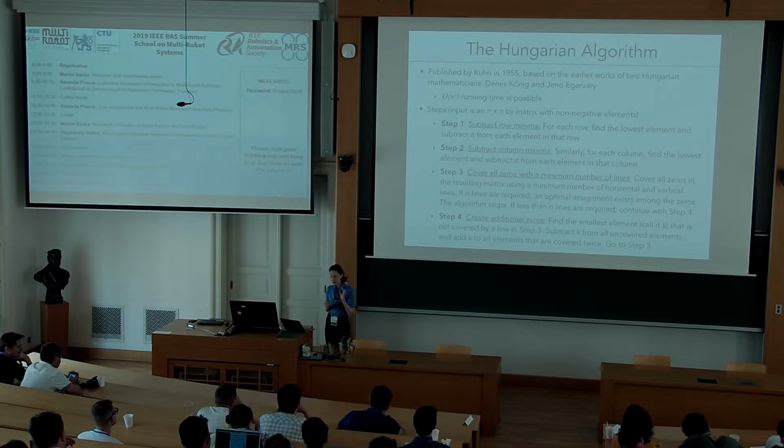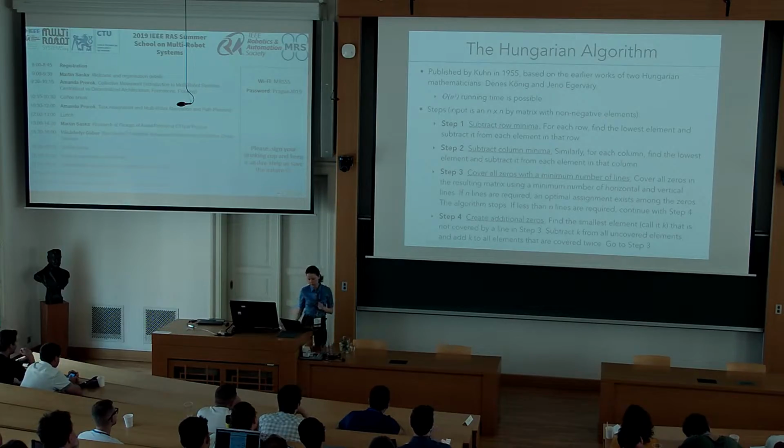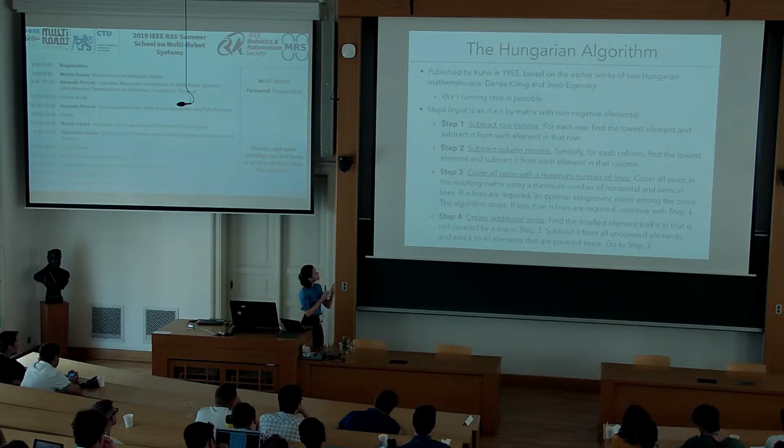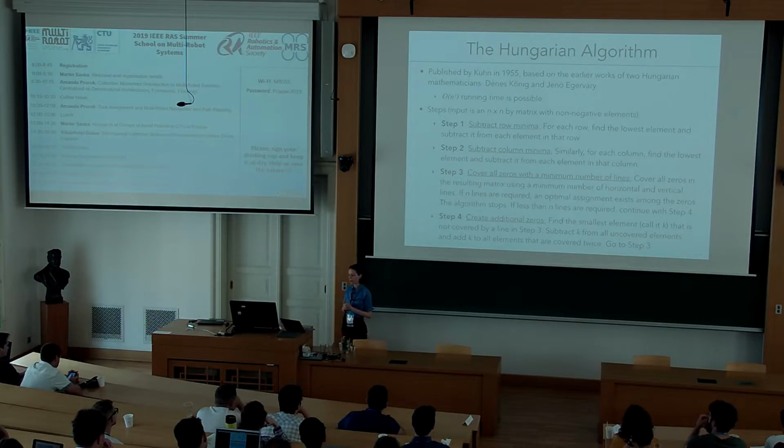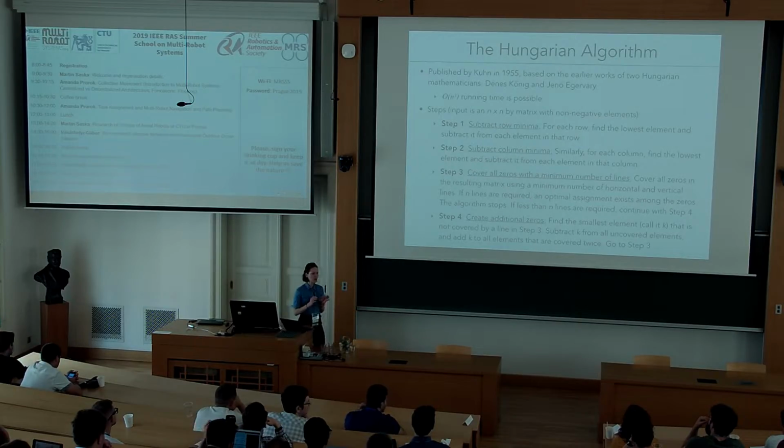The recipe is here, and we're going to go through an example on the next slide, where the key steps are working on the rows of your matrix, analyzing the rows with respect to the zeros that you're producing, and manipulating the numbers in your matrix in order to solve the task assignment problem, until every task has been assigned one robot or one agent.